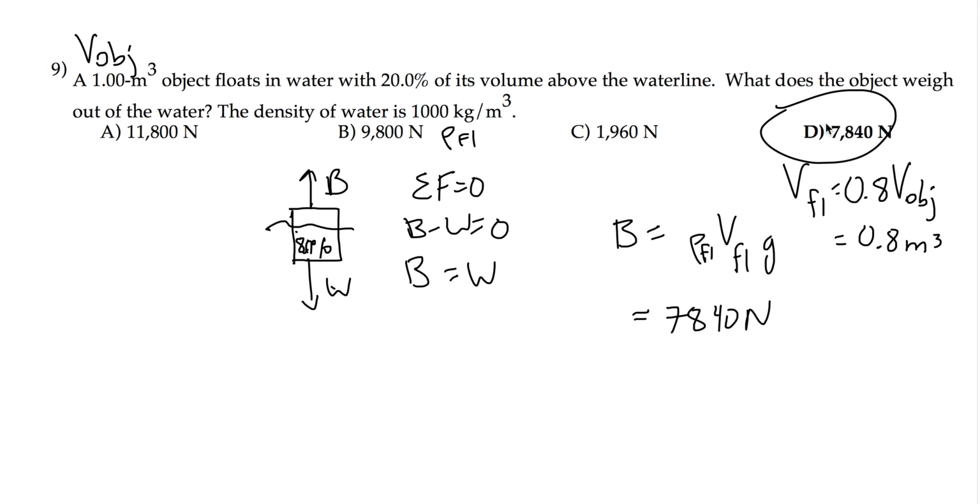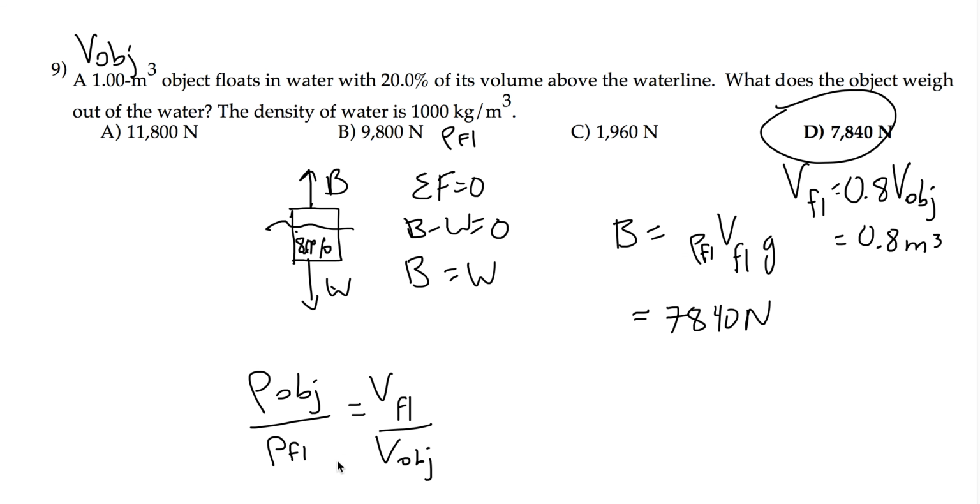One more note about this one: you saw that there was an object floating. You may have wanted to jump to the shortcut equation, which tells us that the density of the object divided by the density of the fluid is equal to the volume of the fluid displaced divided by the volume of the object. You can always use this shortcut equation when you have an object floating in water, just one object.